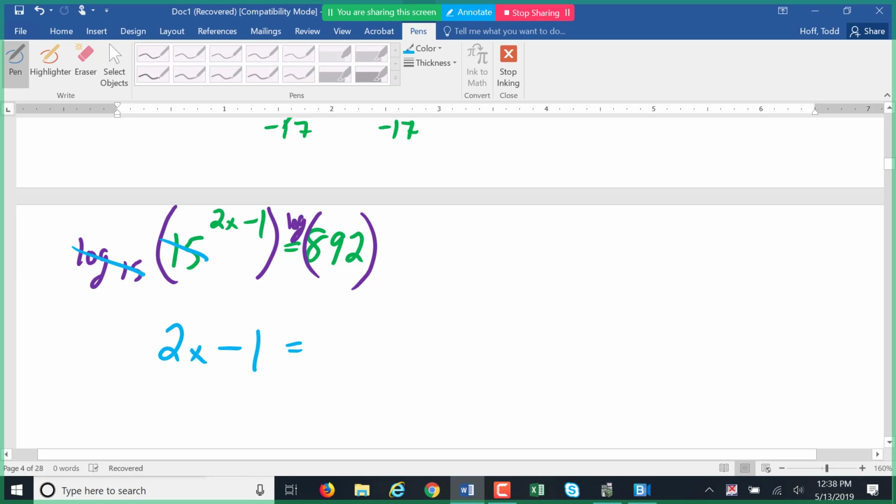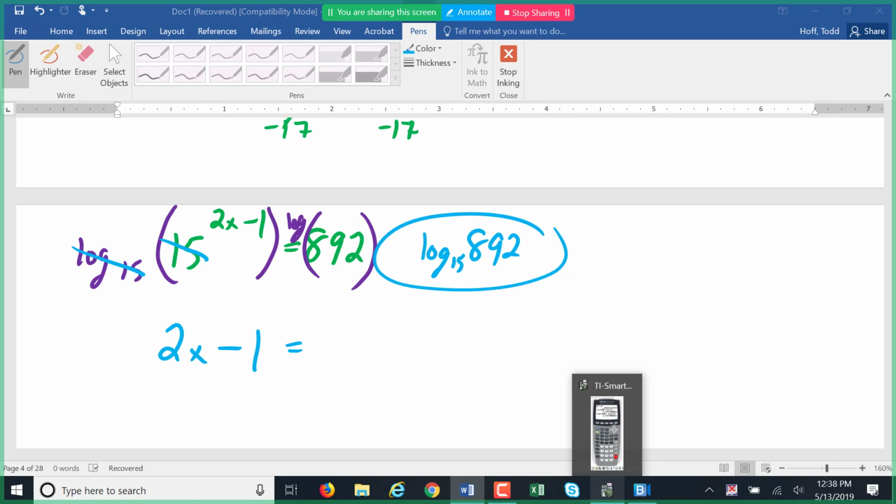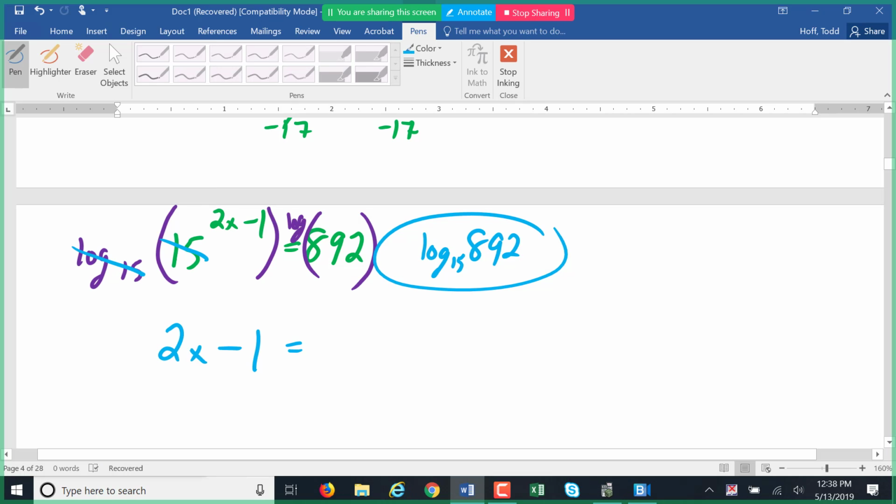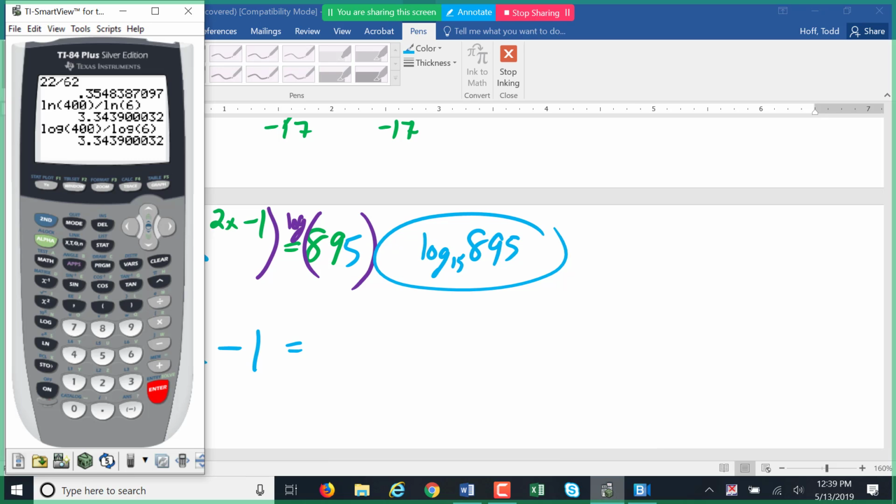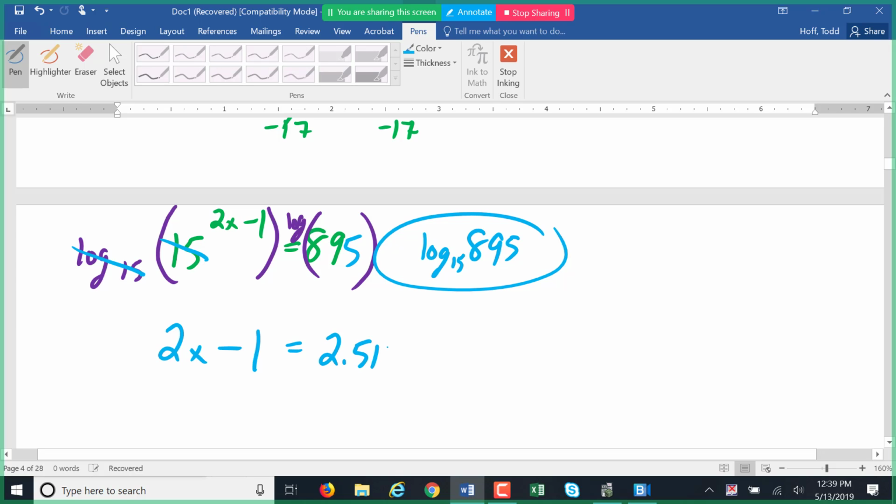On the other side, I need to find the log base 15 of 892. Or not 892, that should be 895, shouldn't it? Log base 15 of 895, how do I do that? Perfect. Log of 895 divided by log of 15 gives us 2.510, rounded to 3 decimal places.